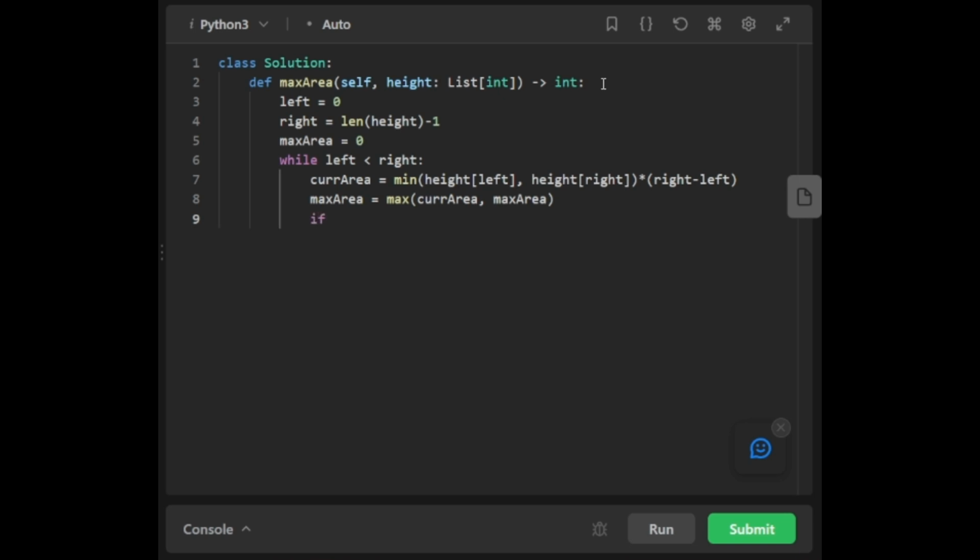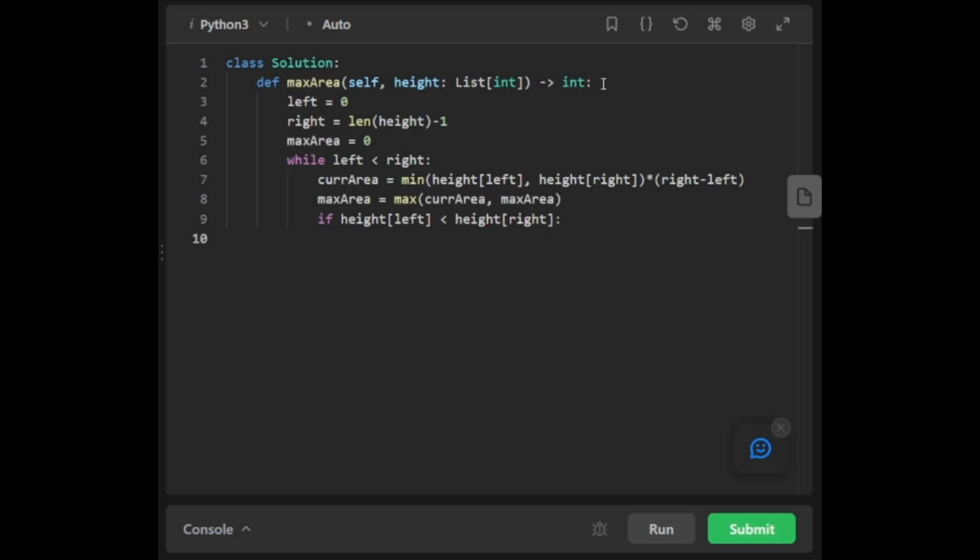Meanwhile, we will check if height of left is smaller than height of right. We will increase our left by 1, that is we would bring our pointers inwards.